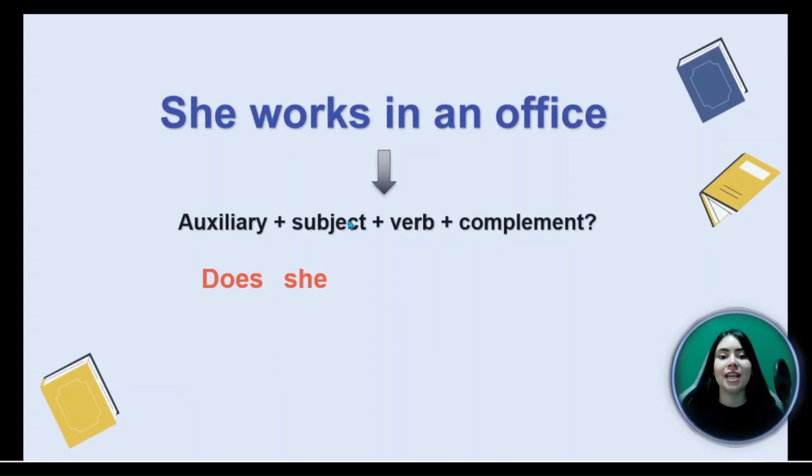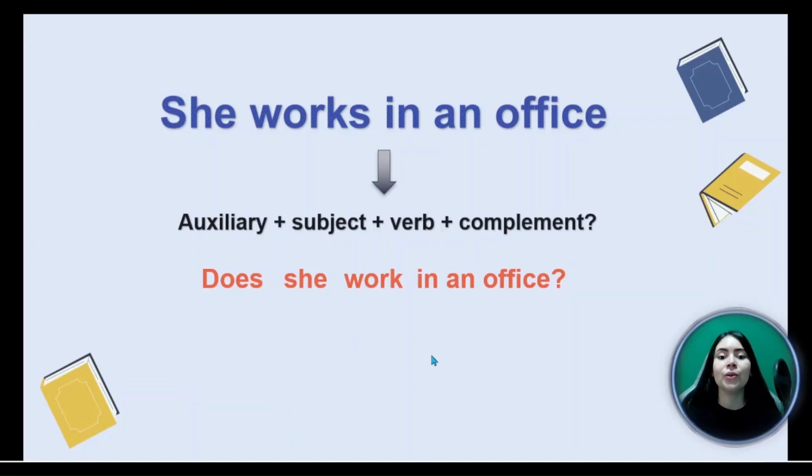Subject, she. Verb, work. Remember, no S in the verb because we have does. And complement, in an office. This is our question. Does she work in an office?